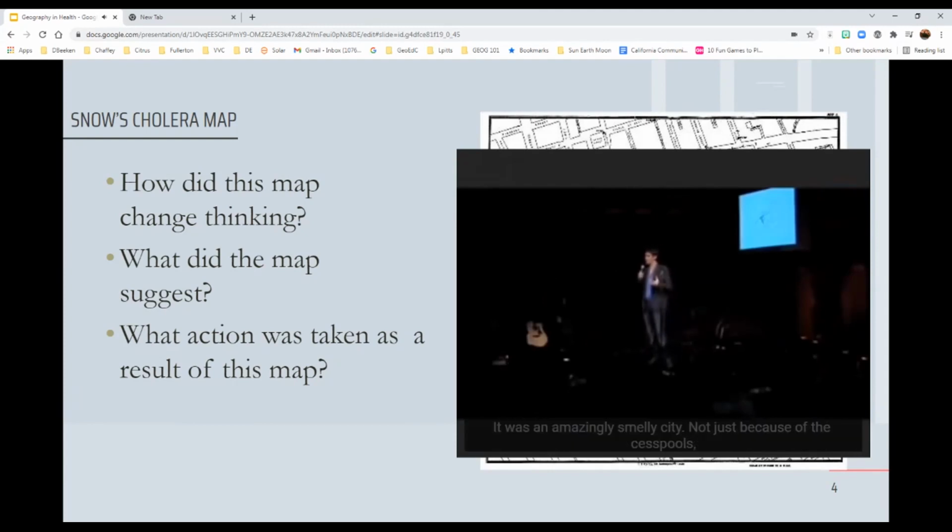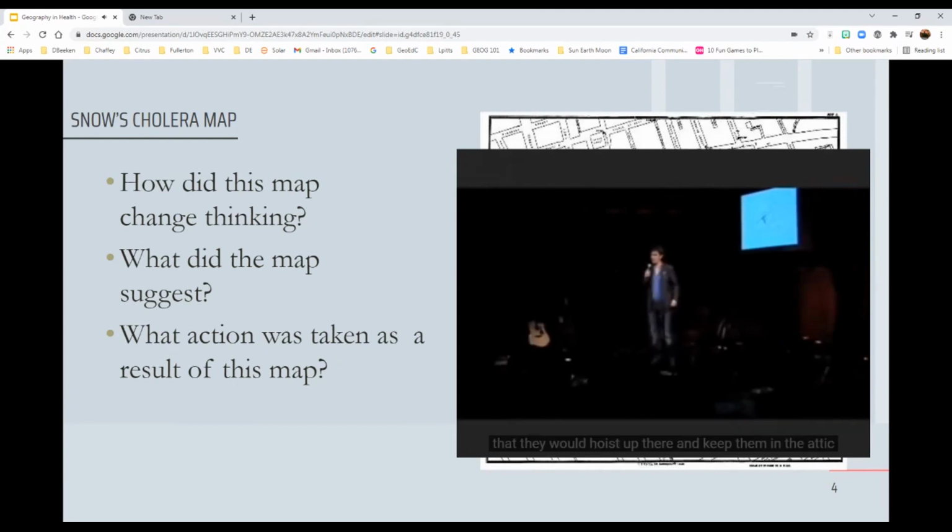It was an amazingly smelly city, not just because of the cesspools, but also the sheer number of livestock in the city would shock people, not just the horses, but people had cows in their attics that they would use for milk that they would hoist up there and keep in the attic until literally their milk went out and they died, and then they would drag them off to the bone boilers down the street. So you would just walk around London at this point and be overwhelmed with this stench.